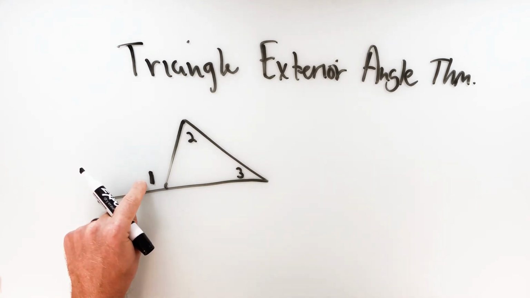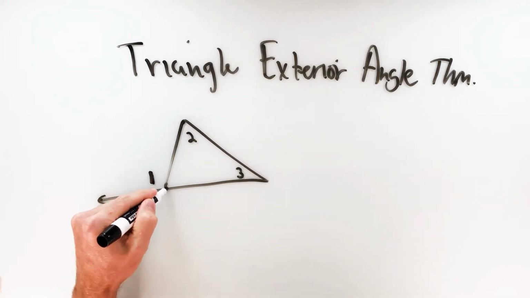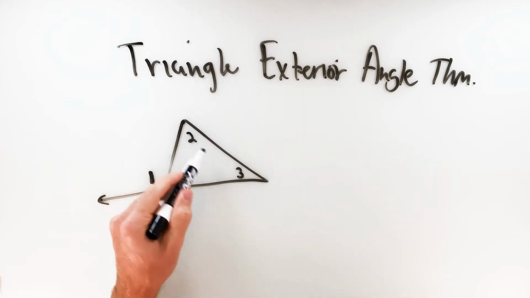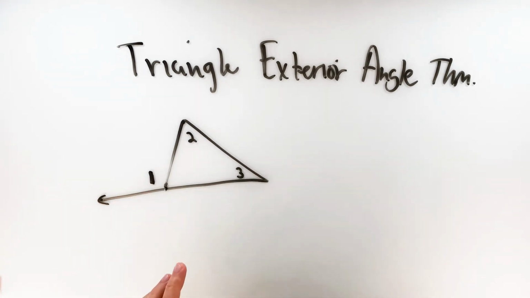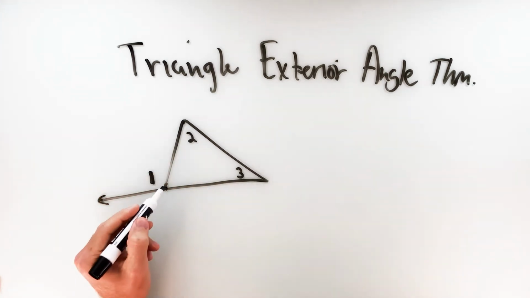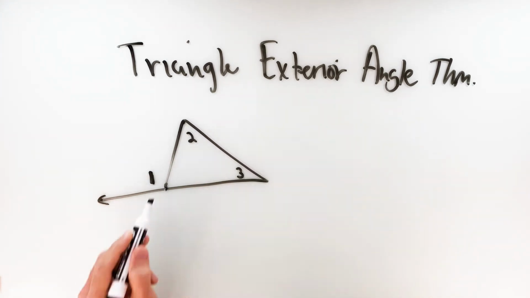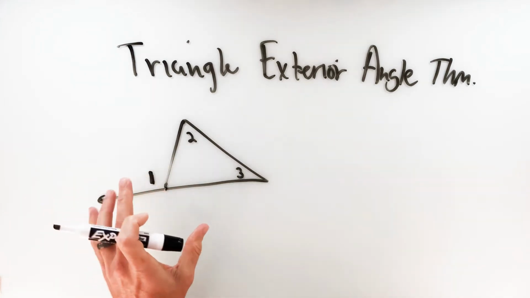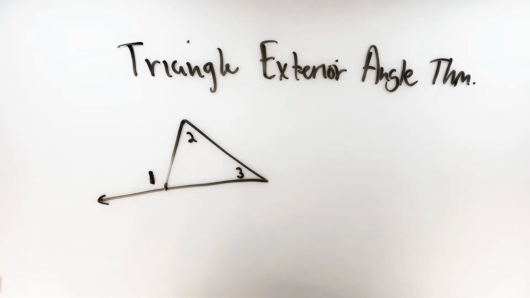The exterior angle at one vertex of a triangle will be equal to the sum of the two non-adjacent, meaning not touching, so we're not talking about this guy right there, the two non-adjacent interior angles. Now, why is that? Again, that's the fact that if a triangle adds up to 180 and two angles next to each other on a straight line add up to 180, we can kind of pair some things together, maybe even skip a couple steps if we're trying to find missing angles here.